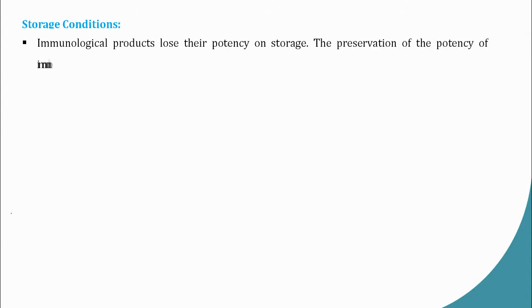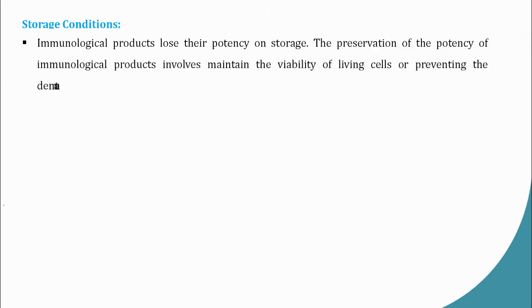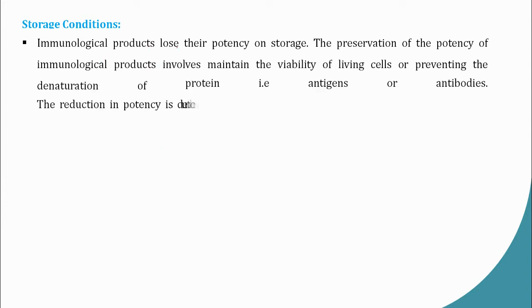We will move to the storage conditions of the vaccines. Under the storage conditions, if they are not properly stored, it causes degradation of the vaccines, or they lose their potency. Immunological products lose their potency on storage if not properly stored.